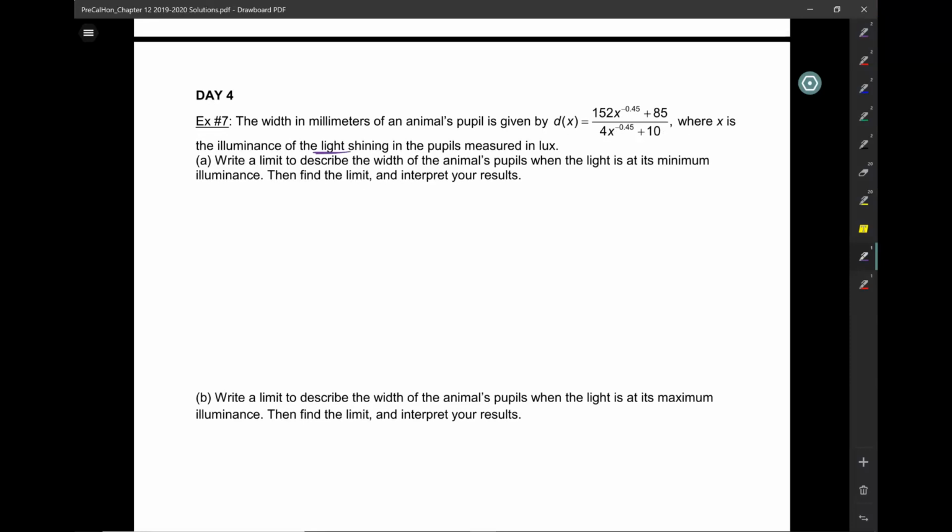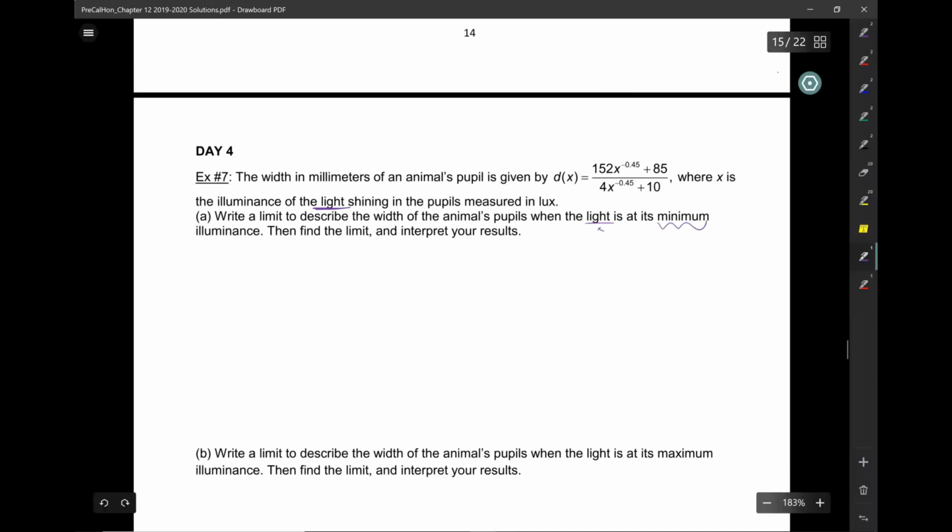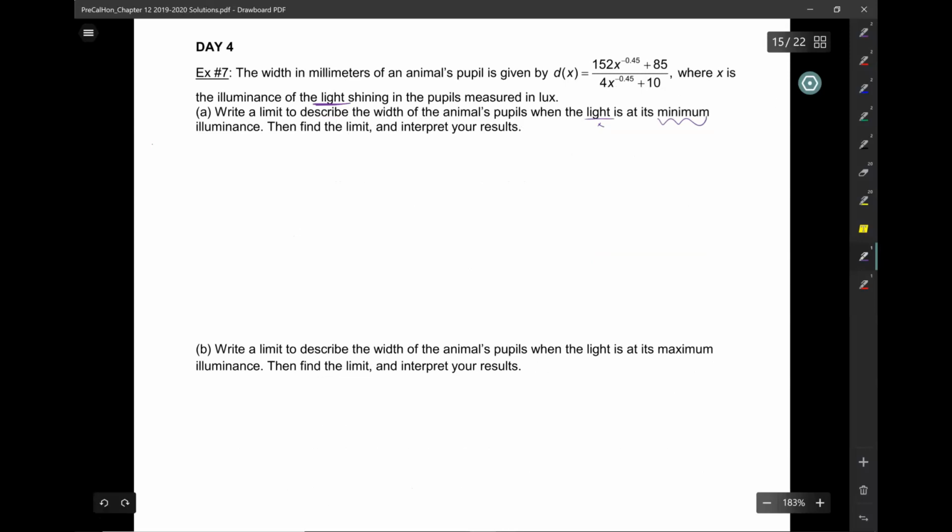Write a limit to describe the width of the animal's pupil when the light, this is x, is at its minimum illuminance. Then find the limit and interpret your results. So basically what we're talking about here is the limit of d of x as x, the illuminance, is approaching 0.